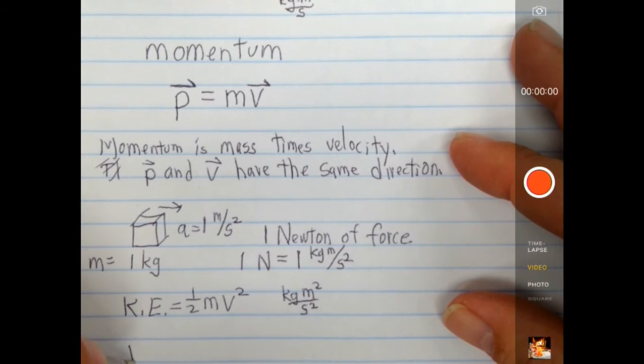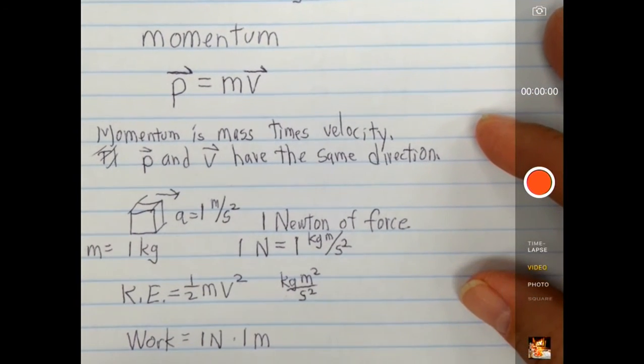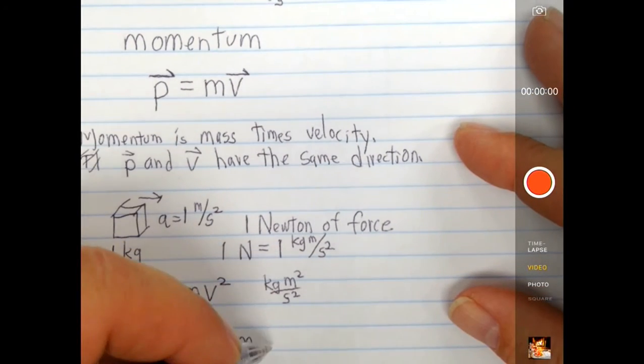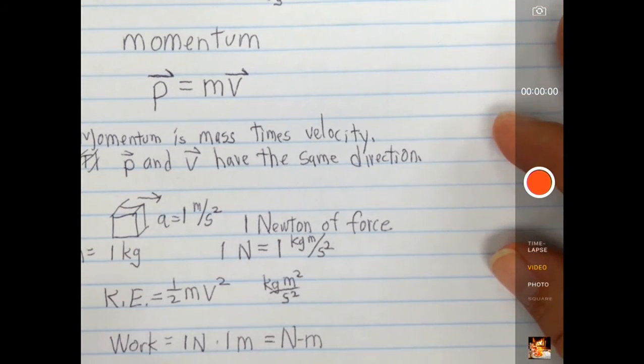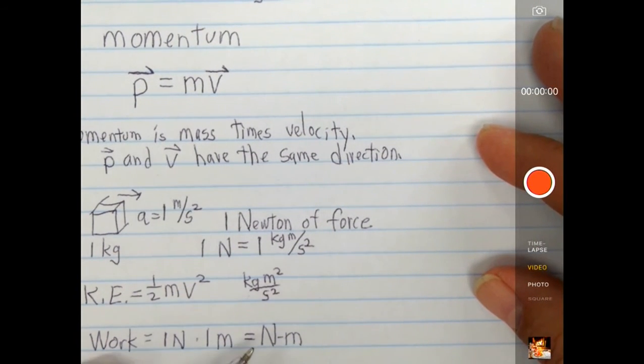Work, you might still remember, was a force of 1 Newton over a distance of 1 meter. Okay, so what does that mean? That means the units of work are called Newton meters. A Newton meter, oh boy. So work with me on this one.